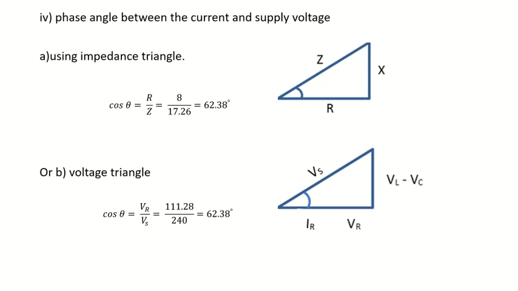You can also get your cos theta by using the voltage triangle. From the voltage triangle, your V_R is on the x-axis and your V_L minus V_C is on the y-axis, and the summation of these gives you the supply voltage V_S. So cos theta is V_R divided by V_S, which is 111.28 divided by 240.